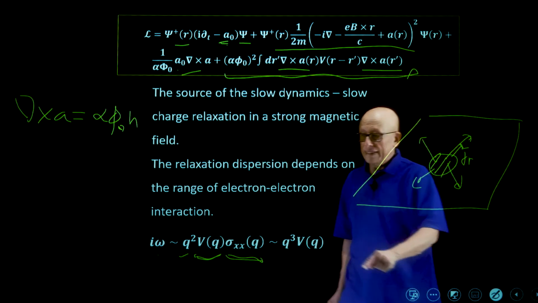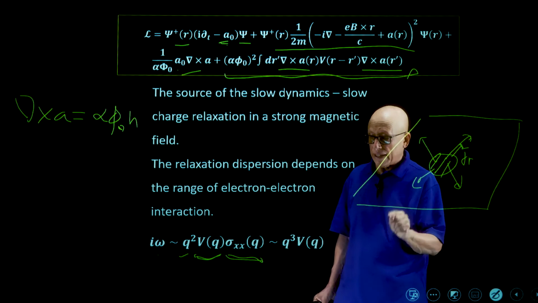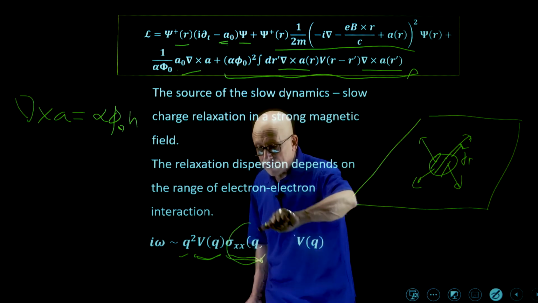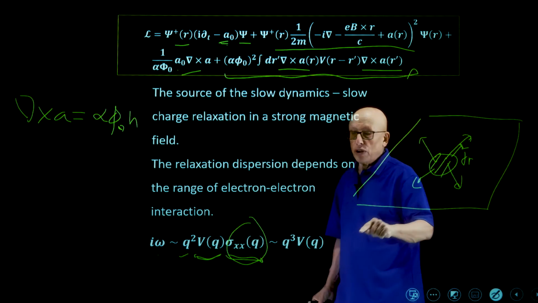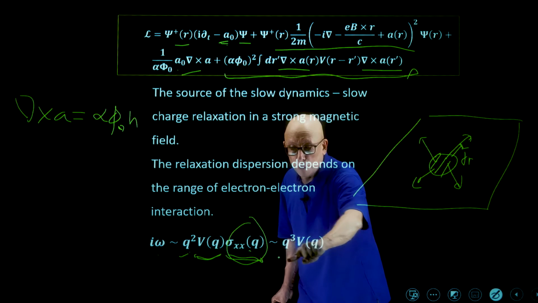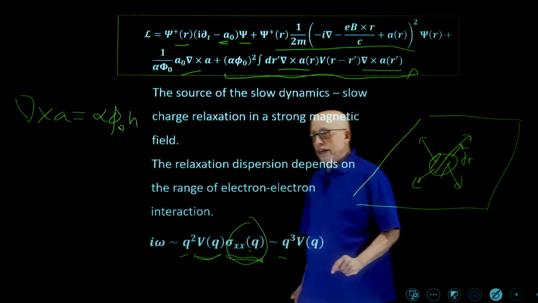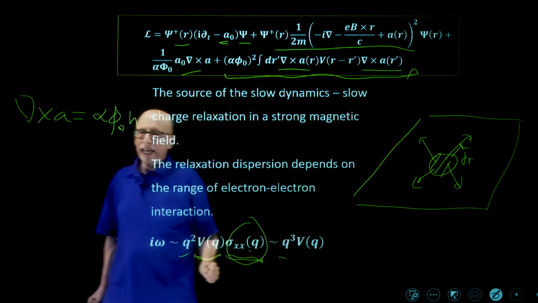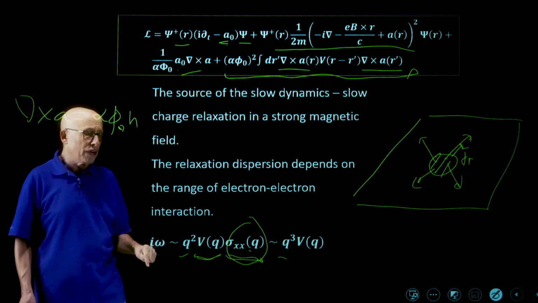Altogether, and here's the piece of composite fermion physics that comes in, we know that sigma xx at nu equals 1/2 is linear in wave vector. So we know that this product of these two gives us Q cubed multiplied by the interaction. Now, electron-electron interaction in 2 dimensions is inversely proportional to Q. The Fourier transform goes like 1/Q.